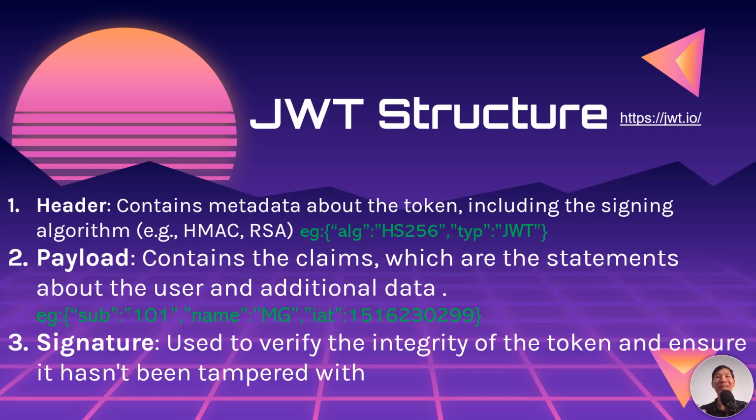And number three is the signature. The signature is used to verify the integrity of the token and ensure it has not been tampered with. It means we need to define it for authentication and authorization.